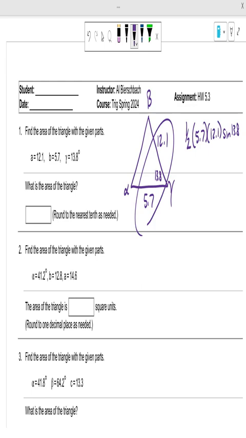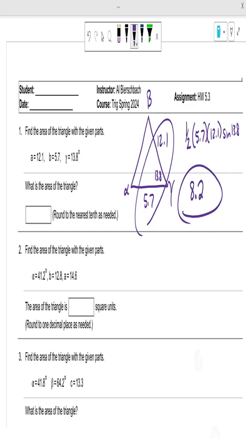What do you get if you do that rounded to the nearest tenth? So 8.2, rounded to the nearest tenth.